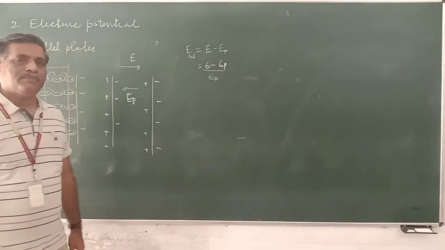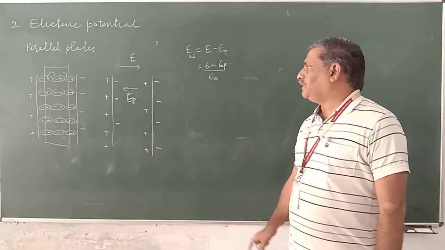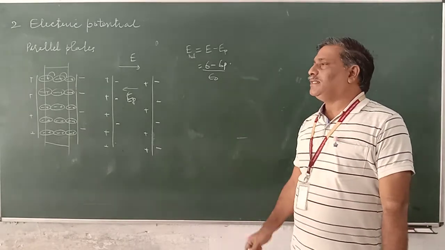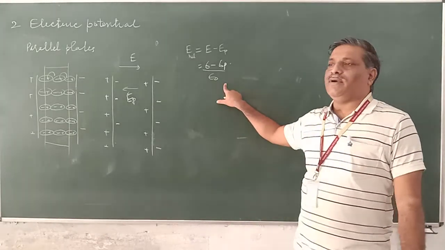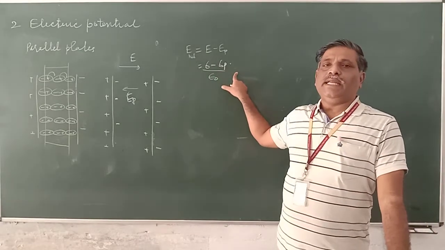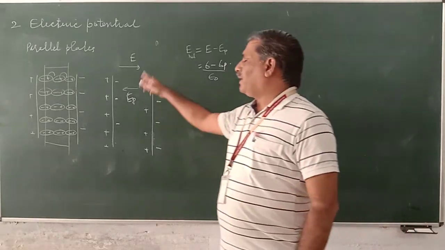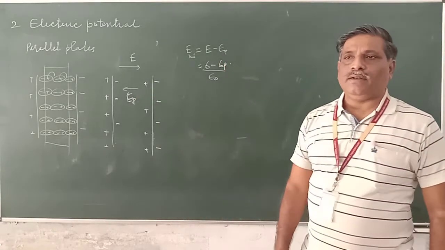We know that for any charged conductor, the electric field is the surface charge density divided by epsilon 0. So the surface charge density reduces. This is the effect of a dielectric inside two parallel plates.